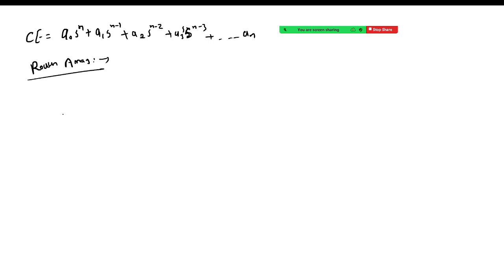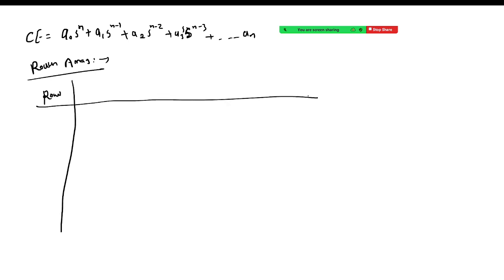I'll be writing here, that is your row, and these are your different columns, right? There may be different kinds of rows: first row, second row, third row, fourth row, fifth row, sixth row, and seventh row. But the question will be very small in GATE.